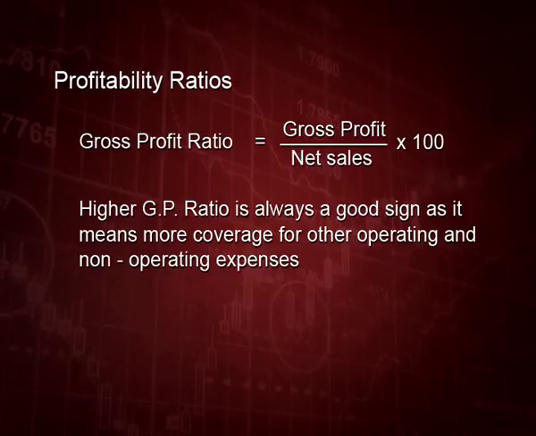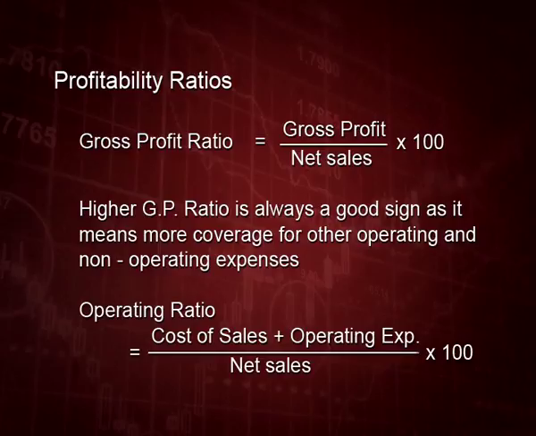The next ratio is operating ratio. Operating ratio means the cost of operating the business. Now, this is equal to cost of sales plus all operating expenses divided by net sales into 100.